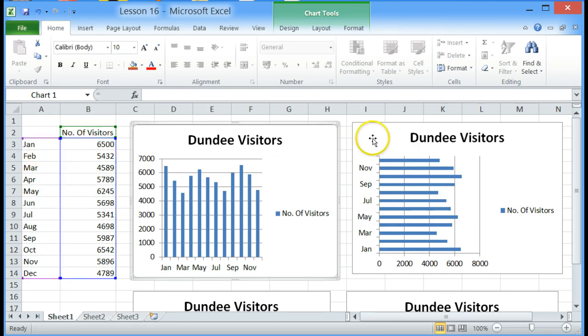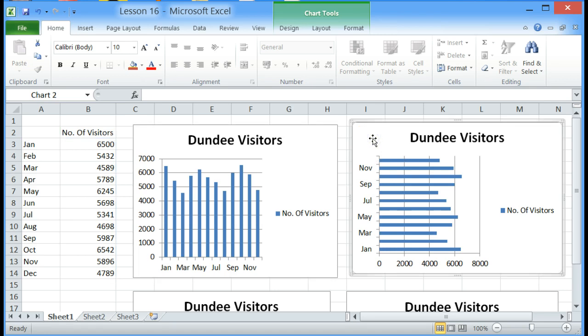If we look at the second chart, the second chart is the bar chart. The bar chart is similar to the column chart, however the axes have been swapped around. You will notice now, compared to the column chart, the y-axis here in the column chart has now become the x-axis in the bar chart, and the x-axis in the column chart has now become the y-axis on the bar chart.